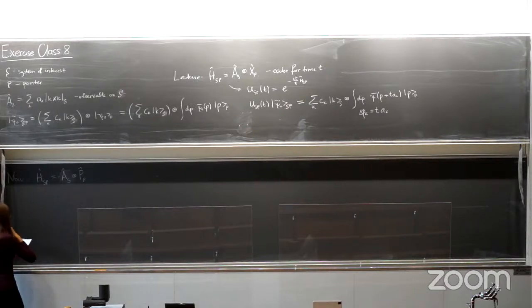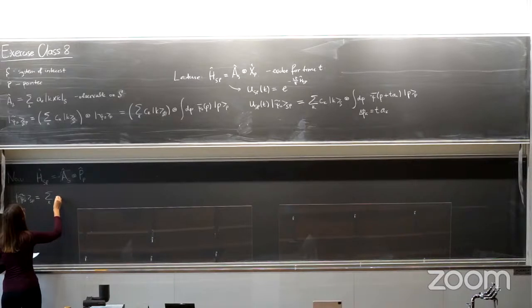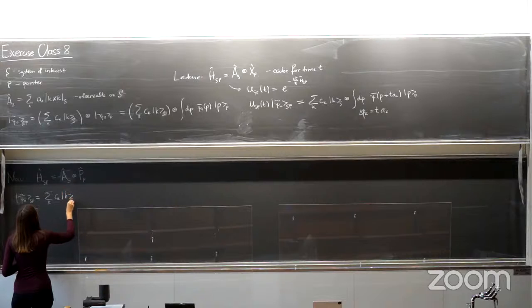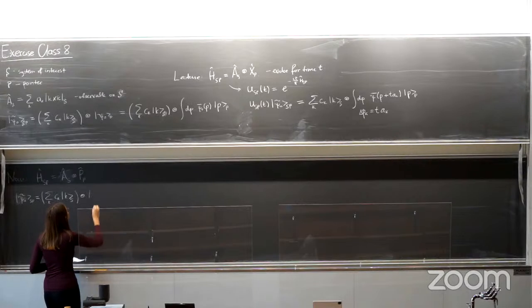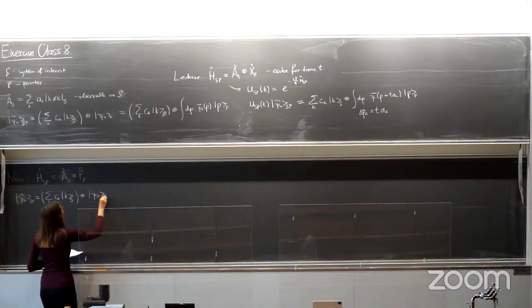So maybe the first thing, before we actually write the unitary under which the state evolves, is we write the joint state. Again, just to repeat, we have the initial state on the system S, which is the sum over k of c_k |k> on S, tensor product the initial state of the pointer, psi 0 on the pointer.